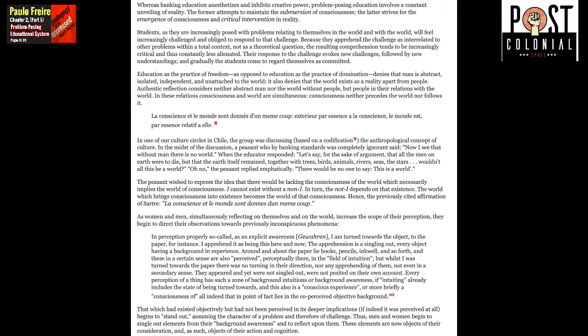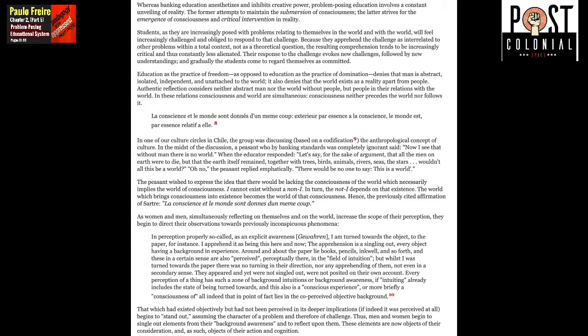The resulting comprehension tends to be increasingly critical and thus constantly less alienated. Their response to the challenge evokes new challenges followed by new understandings, and gradually the students come to regard themselves as committed.